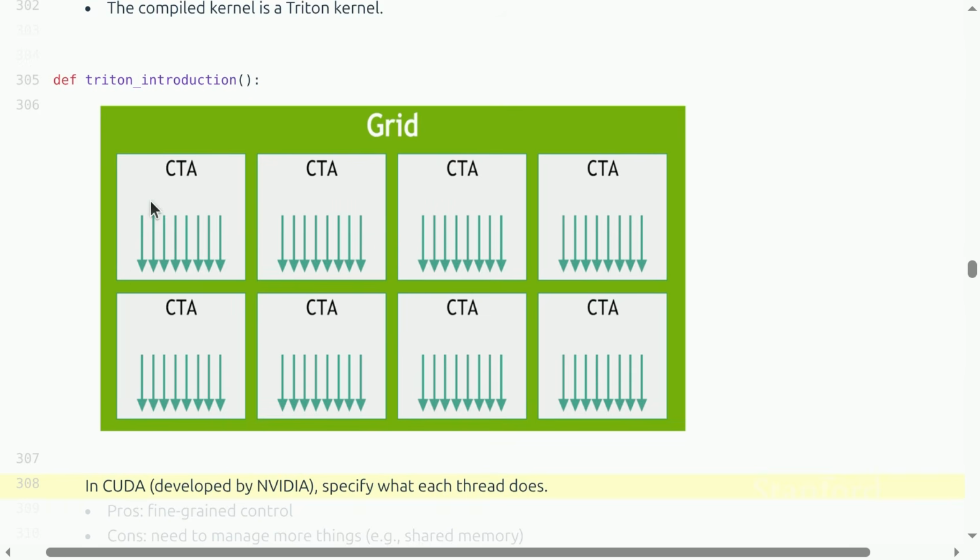You write a piece of code which has some ID that identifies which thread you're talking about, and it just executes the code. The nice thing about this is that it's very closely related to what is actually happening underneath the hood.